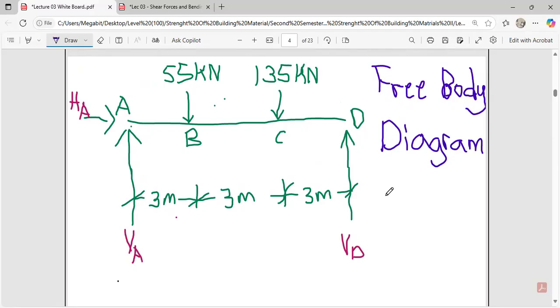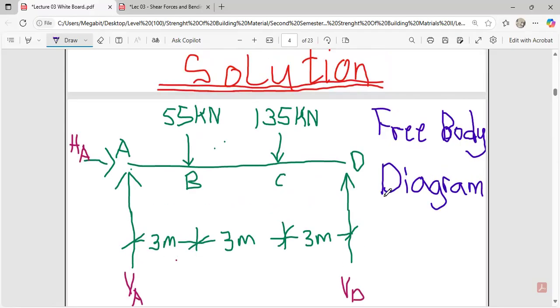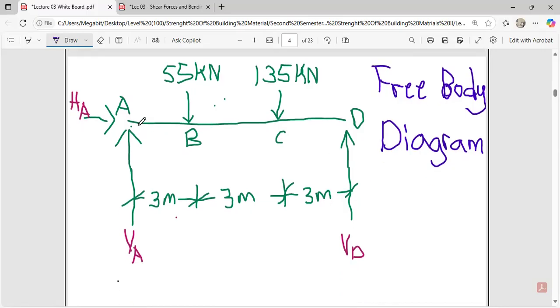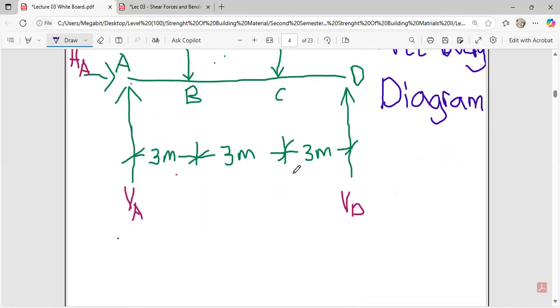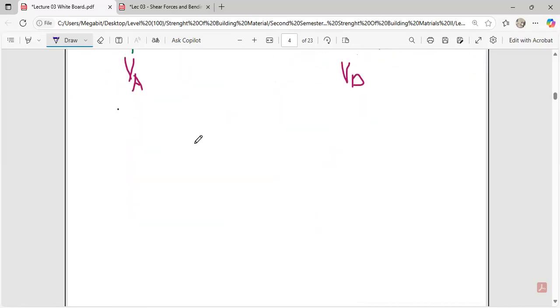So from there, what do you do next? You can take moments. Okay. So you're going to take a moment. You can take moments from either A or D. So let's start by taking moments about A, and let's see how far we can go.